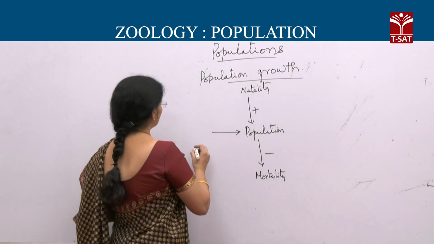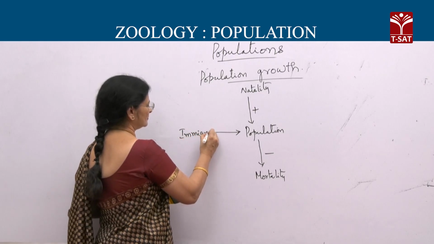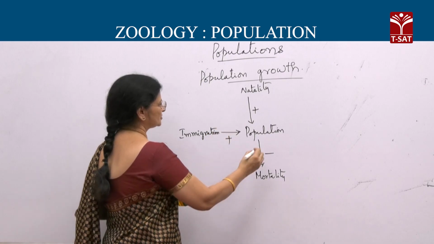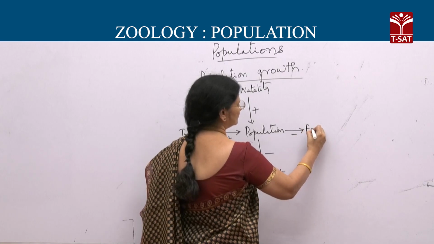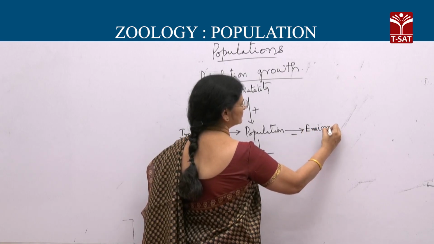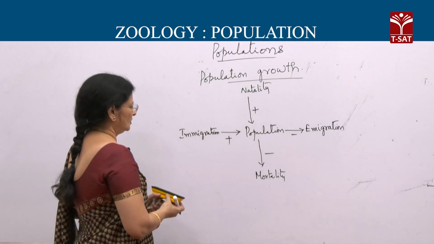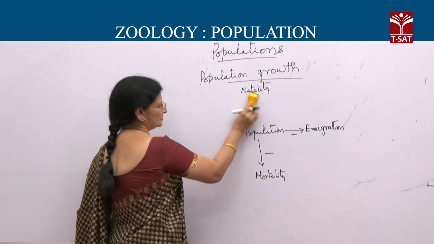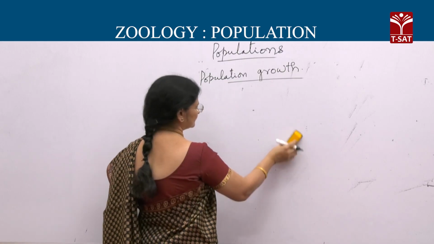Same way, by immigration, the population will increase and decrease by emigration. So this is one simple way to understand this population growth.